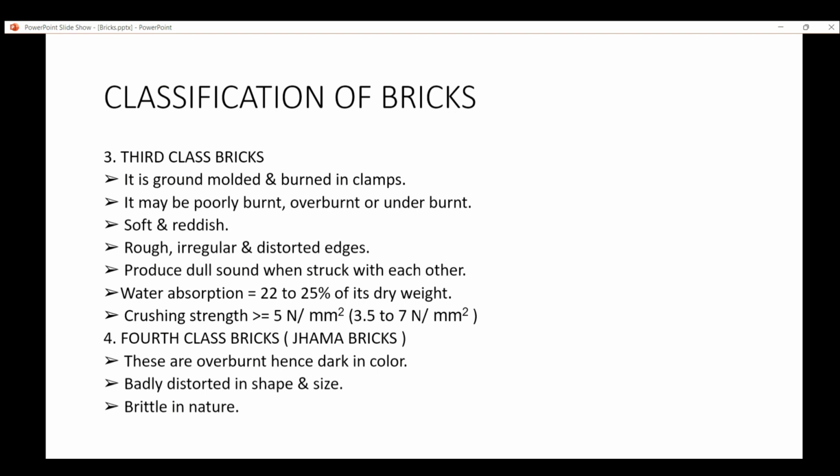And if we strike the bricks, it produces a dull sound, not a metallic sound like first class or second class bricks. Water absorption should be 22 to 25% of its dry weight, and crushing strength should be 5 Newton per millimeter square.